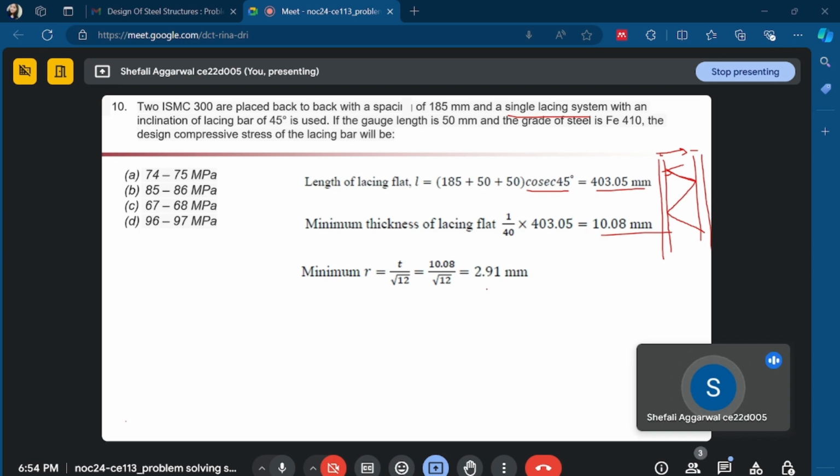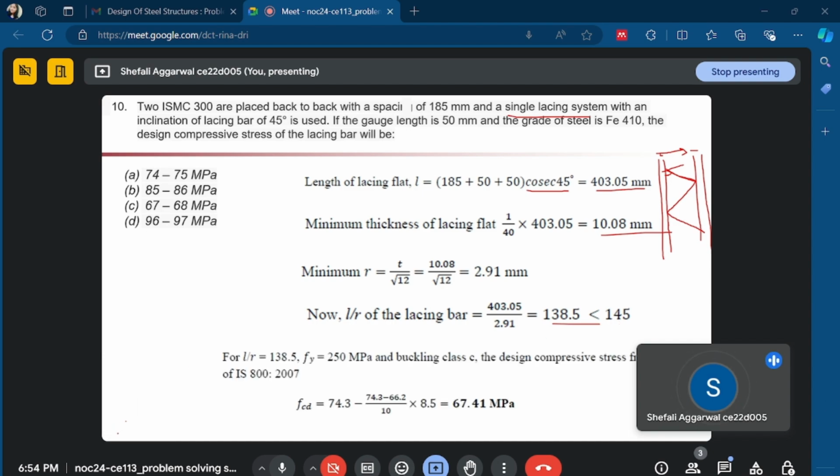So radius of gyration is coming as 2.91. From here we will calculate the slenderness ratio L upon r. L is 403 and our r is 2.91. It is 138. So this is less than 145. That means our design is correct.